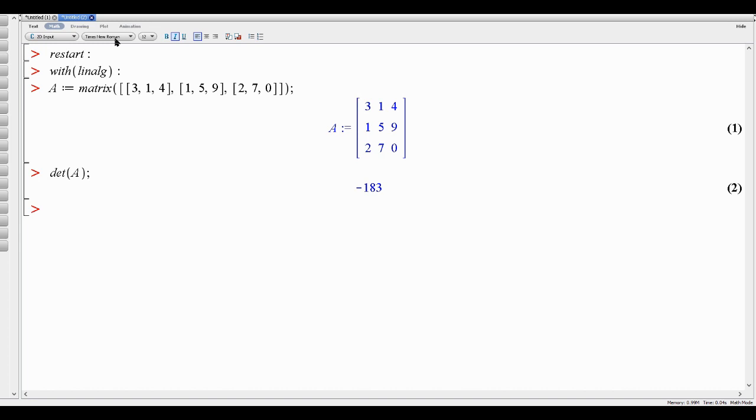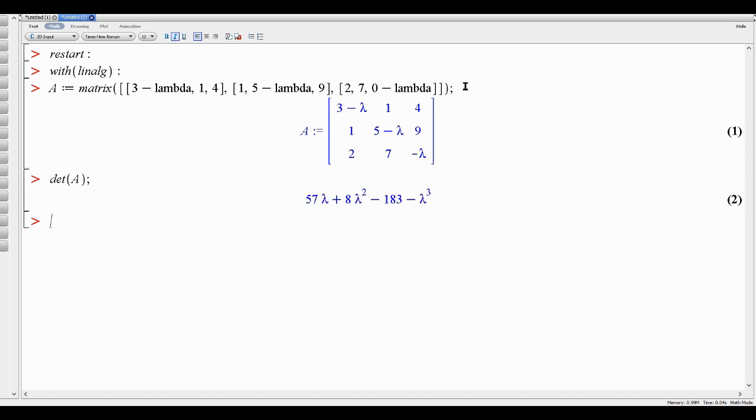We can do things like that in Maple, but I will come back here and I will now put lambda, and here minus lambda, and here minus lambda. I am still calling it A, but this is actually now A minus lambda I. I take the determinant, and that is what I get. Okay.